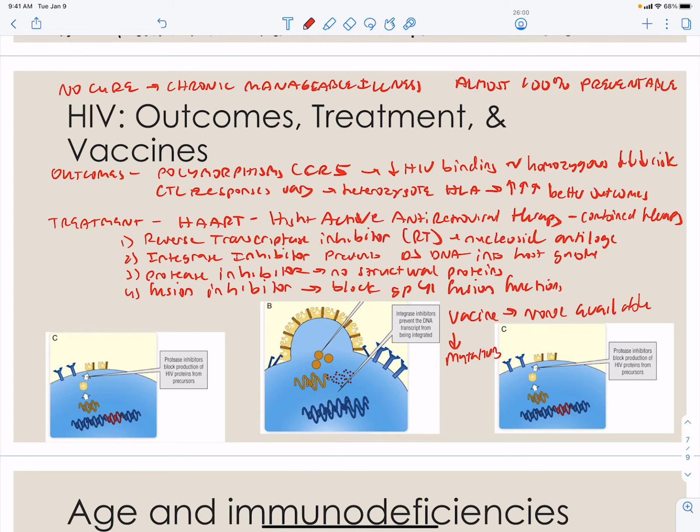But the virus mutates so much that even if you get a protective immune response, there is another mutation in the virus that will expand, that will be able to escape the vaccine-induced immune response. And then your body has to respond to that virus again. So no vaccine is available yet for HIV.